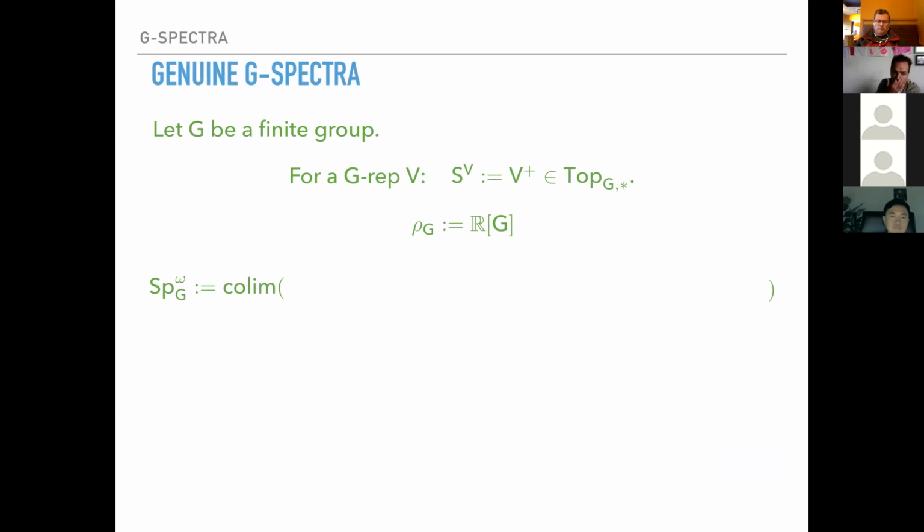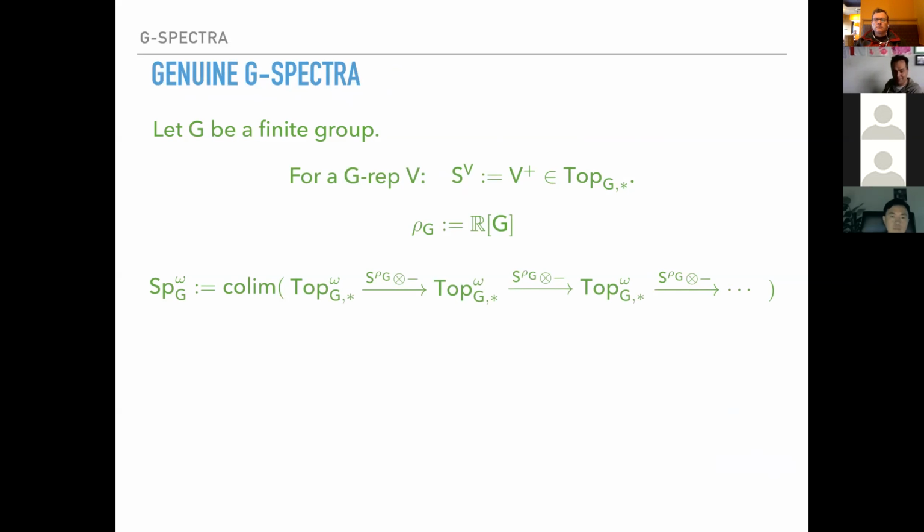Now we can define the compact genuine G-spectra as a colimit of infinity categories, where I look at the compact pointed G-spaces, and I consider the functor which is just smashing with this representation sphere, and I keep iterating that. This gives me a description of these compact objects. And this is not just formal nonsense.